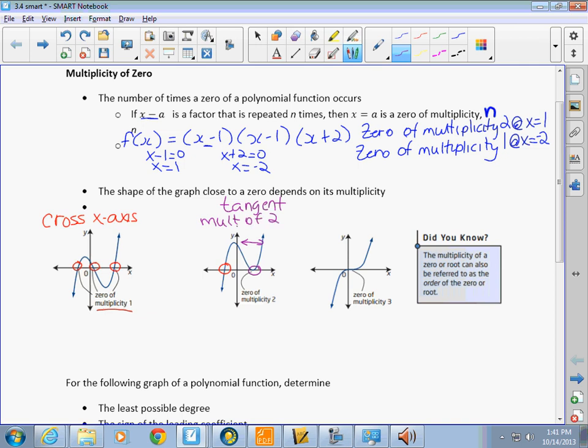So this graph here would have a 0 of multiplicity 2 and a 0 of multiplicity 1. So altogether then, this would be a degree of 3. Each one of these is a degree of 3.